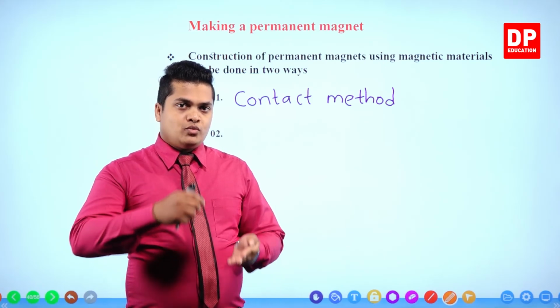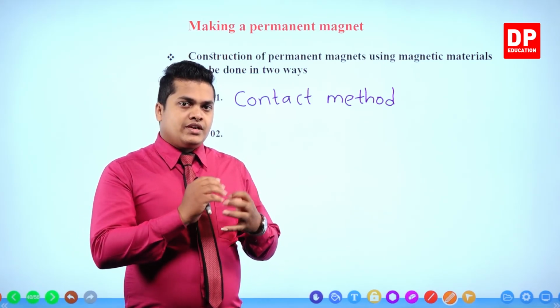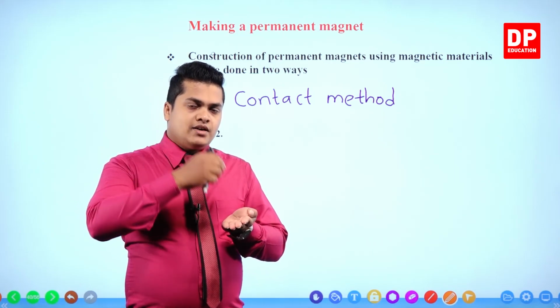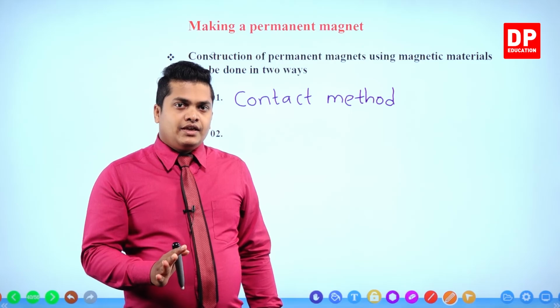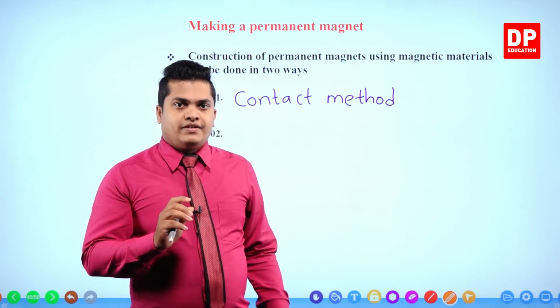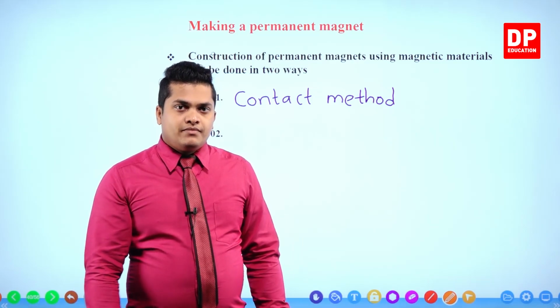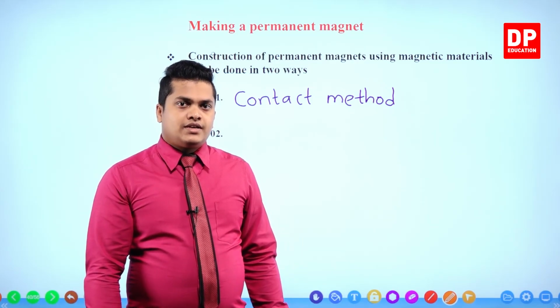In that situation, we are giving the magnetic effect to the needle by contacting a permanent magnet on it. By that way, some amount of magnetic field can be transferred to the needle as well.